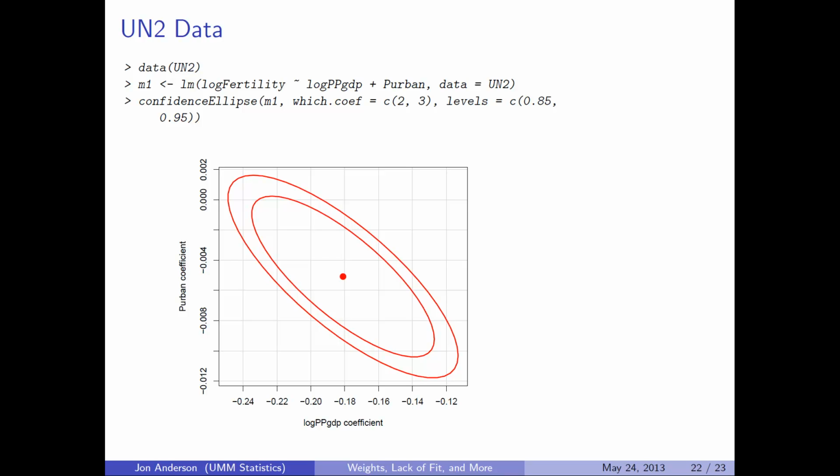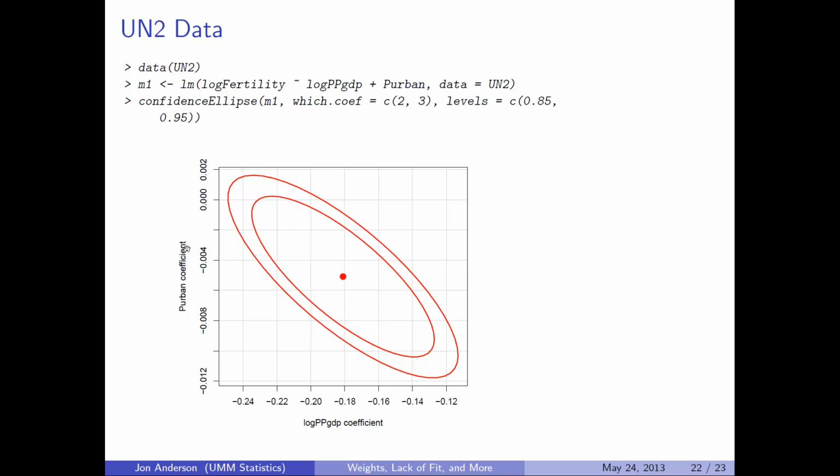In this particular data set, we have some United Nations data about countries that uses a response value of the log of fertility for the women in these countries, and we're going to explain it with per person GDP logged and the percentage of the population that is urban. We're going to study the simultaneous confidence region of beta 1 and beta 2.